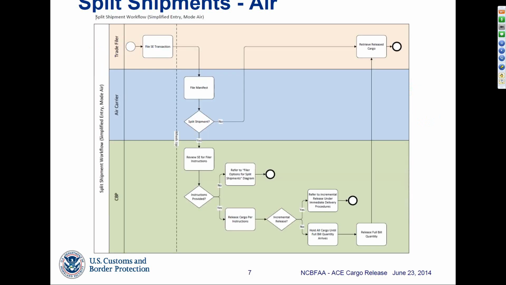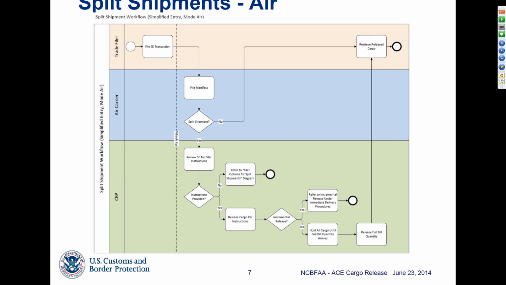Here's another working model of this. The trade, the carrier files a manifest. If it's not a split shipment, everything goes and is on what we call the happy path. If it is a split shipment, we take a look and see if the filer has given instructions yet for hold all or split, or decided to cancel the entry.